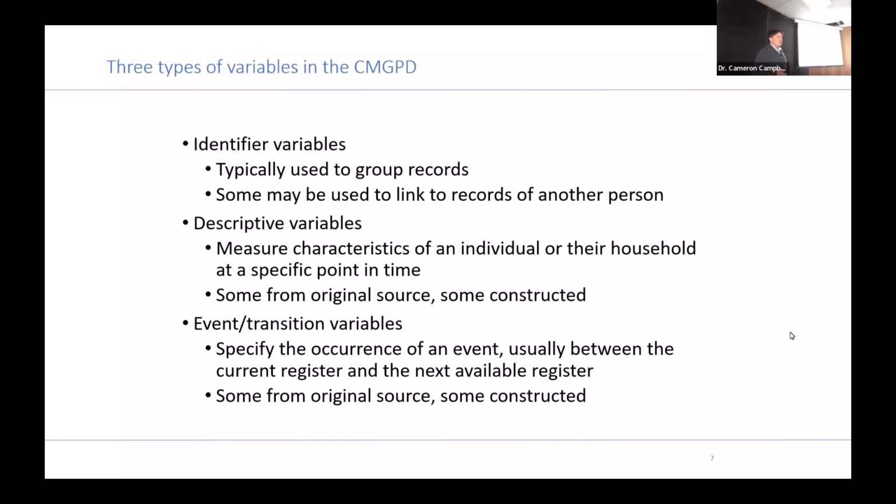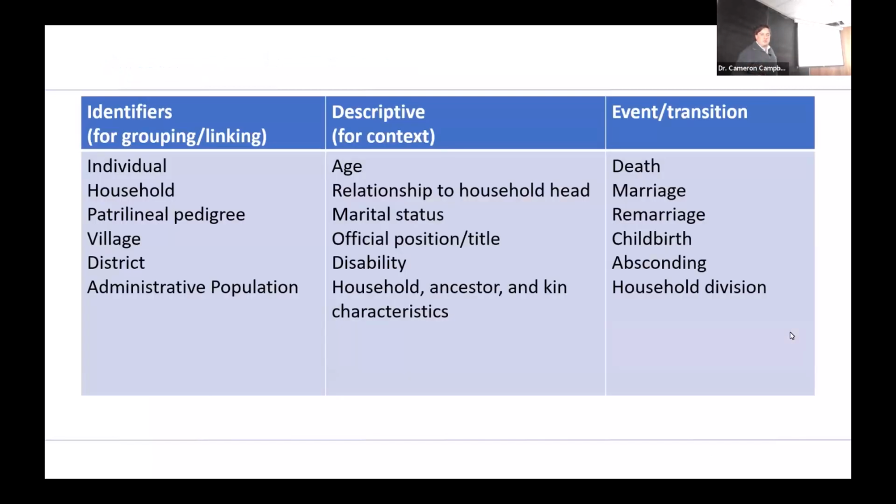There are household identifiers that group members of the same household or group people in the same village, etc. And we have descriptive variables that measure characteristics of an individual or their household at a particular point in time. Some of these come from the raw data, some of them we constructed. And then we have event or transition variables, typically demographic events, that measure the occurrence of events between the current register and the next register. Some of those are from original sources, some of them constructed after linkage.